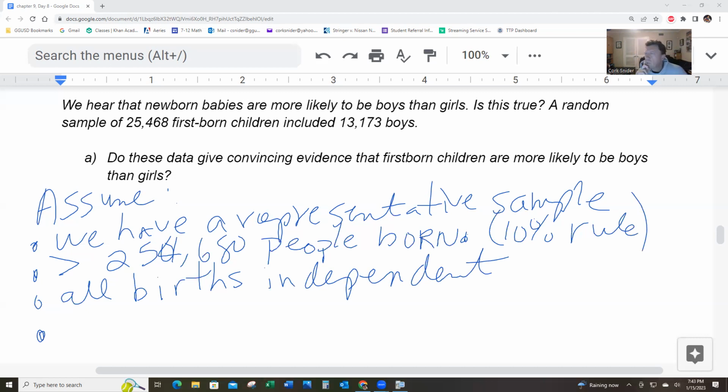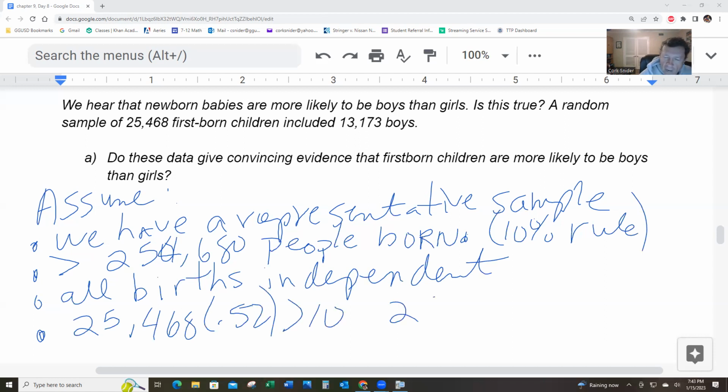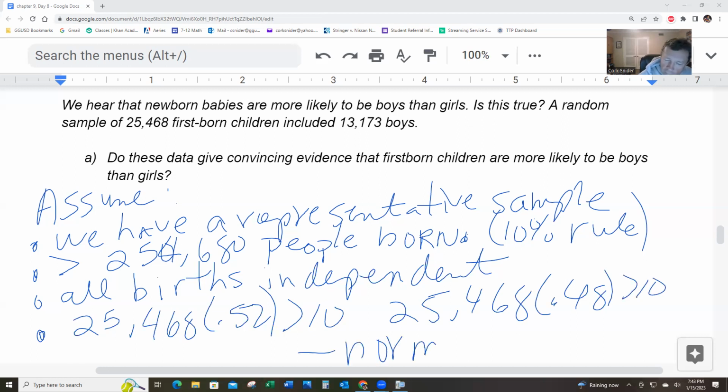So I think the percentage was 52%. So 25,468 times 0.52, which was the percentage, is greater than 10 for sure. And then 25,468 times 0.48 is bigger than 10. So we're going to have a normal curve. I'm just going to write normal curve.